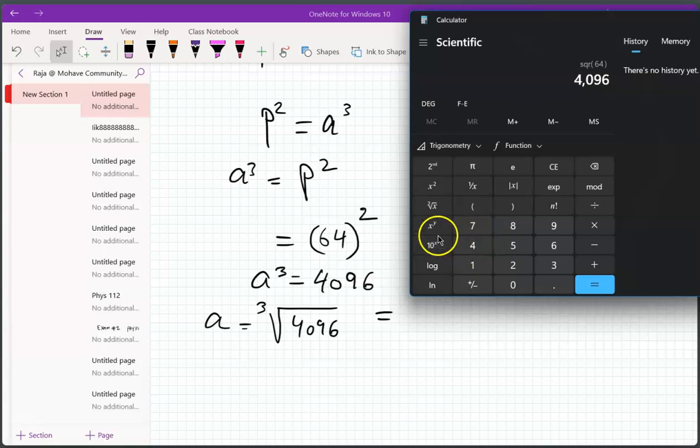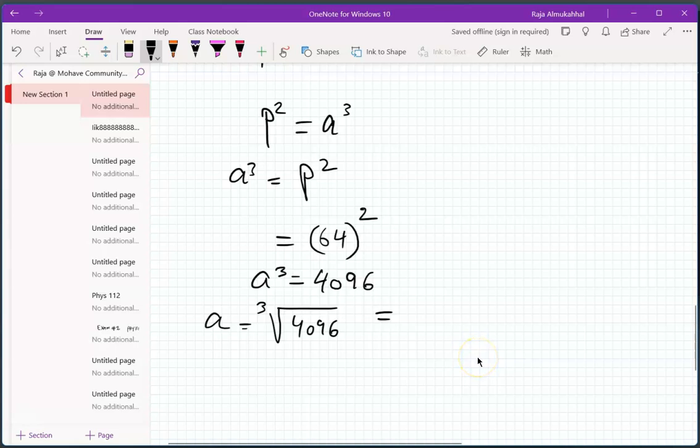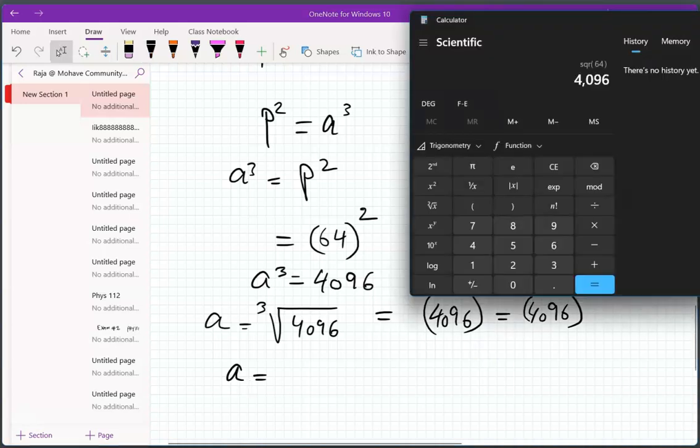Again, you can use your own calculator for that. So it's going to be 4096 to the power of 1/3, right? Or 4096 to the power of 0.333. I like it in decimals because it's easy to enter into the calculator, so I'm going to do it that way.